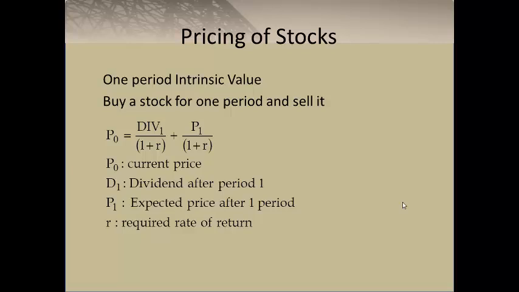So P0 here is the intrinsic value or the price of the stock today. D1 is the dividend after period 1. P1 is the expected price after the first period. And R is a discount rate. Here we can call it the required rate of return from the stock.